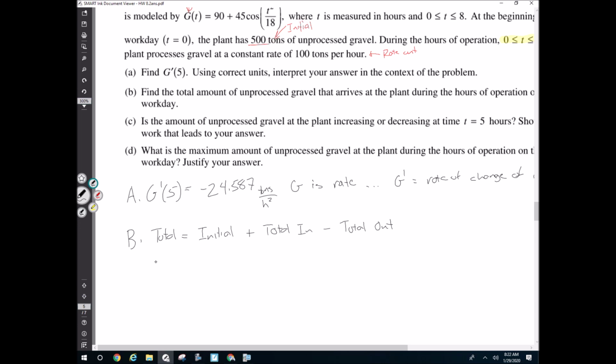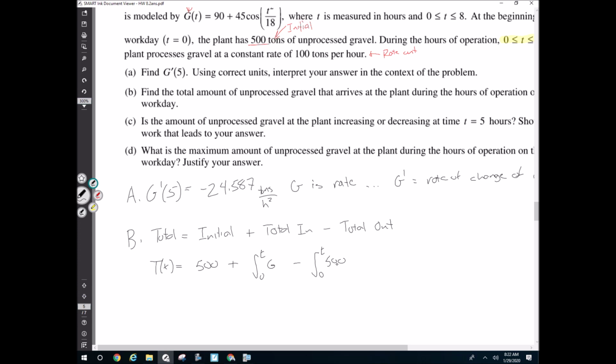So T of t is our initial amount, which is T of 0, which is 500, plus the total in would be the integral from 0 to t of our rate in, and then our total out would be the integral from 0 to t of our rate out.